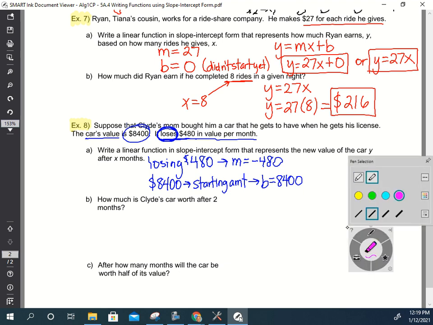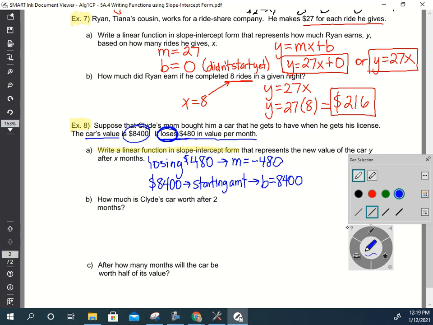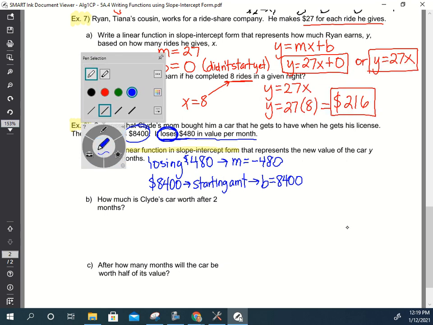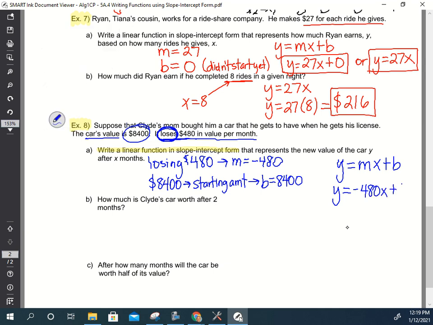So now, if we're writing the equation, write the function in slope-intercept form. So that's y equals mx plus b. So y equals negative 480x plus 8,400.